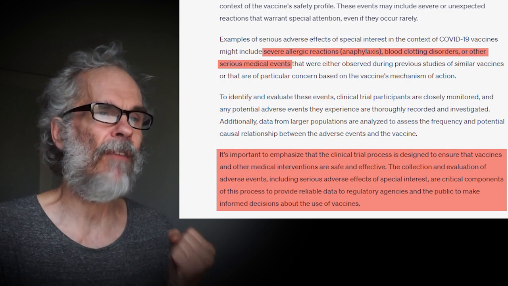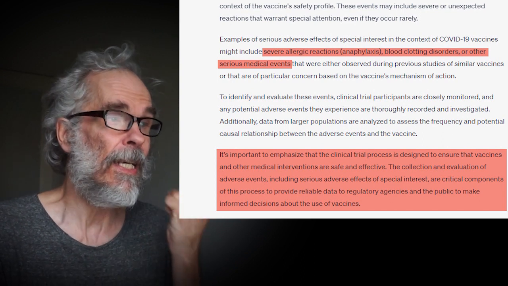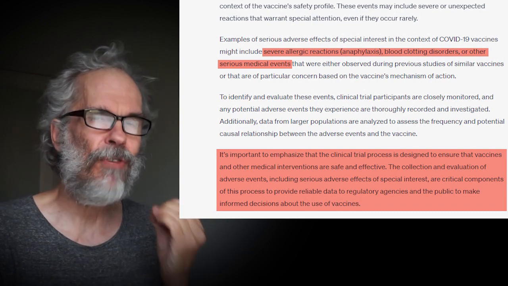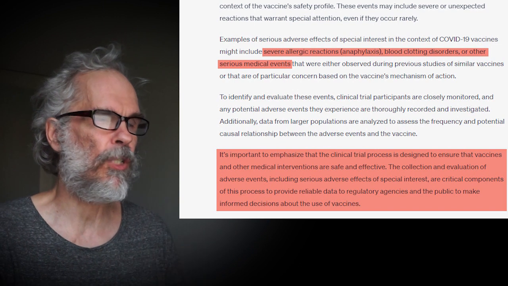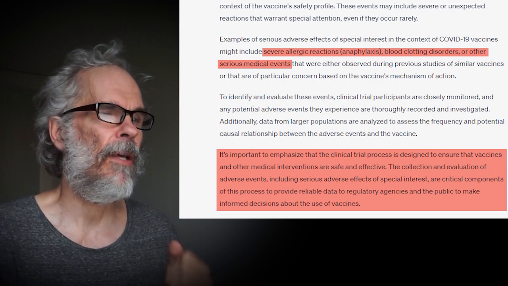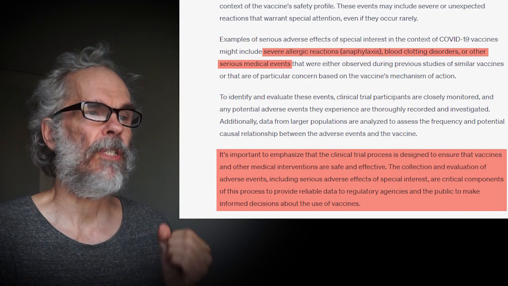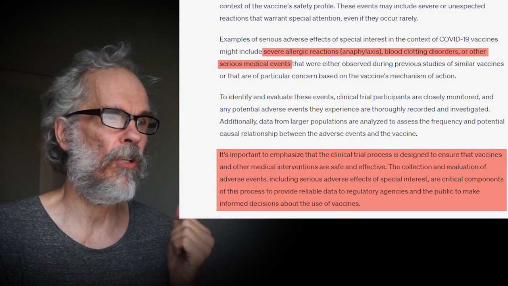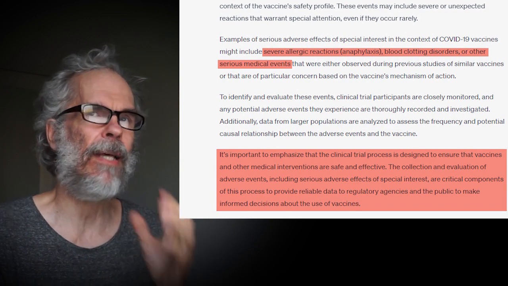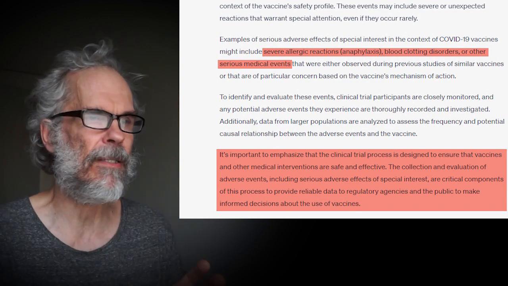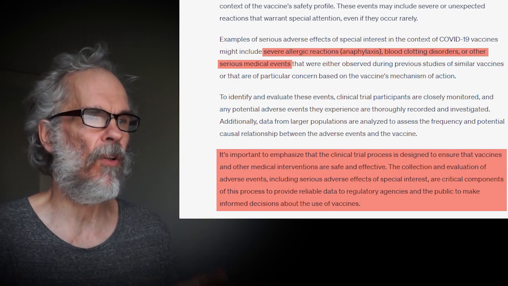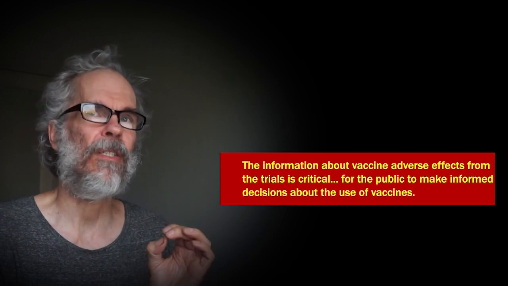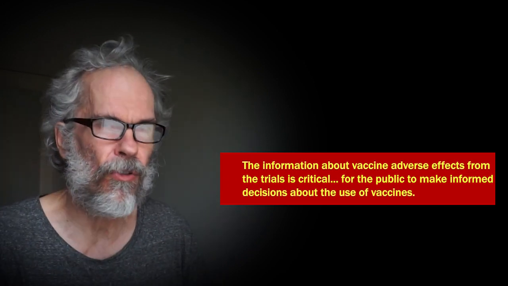The collection and evaluation of adverse events, including serious adverse effects of special interest, are critical components of this process to provide reliable data to regulatory agencies and the public to make informed decisions about the use of vaccines. And specifically the last part of this long sentence, for the public to make informed decisions. Let's make a note of that.